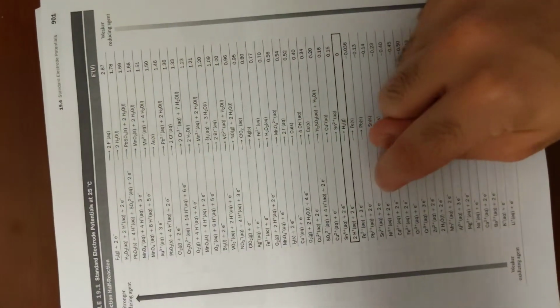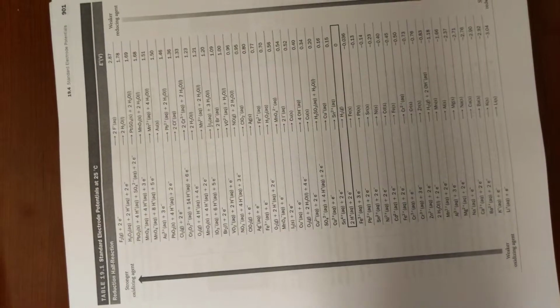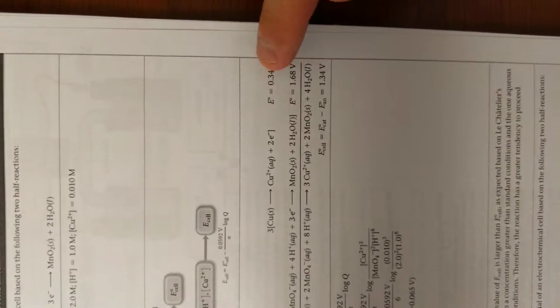So whatever's being reduced, I find it on here, and I write that first, and I subtract the other species that's being oxidized, and I will get the Ecell from there. So for example, I have copper and permanganate, and from the table, I get that the E of the half reaction is 0.34 for the copper, and this is not balanced, right?